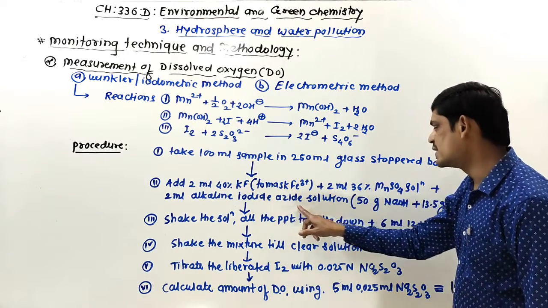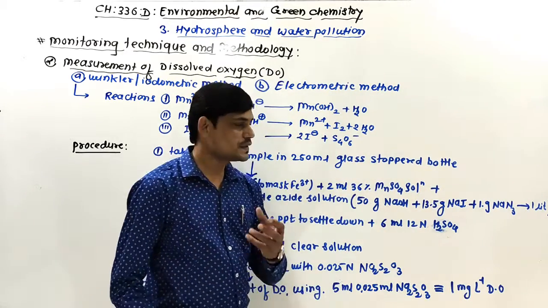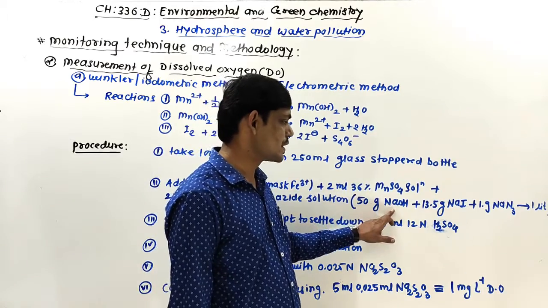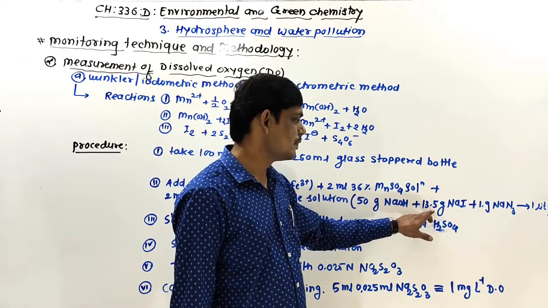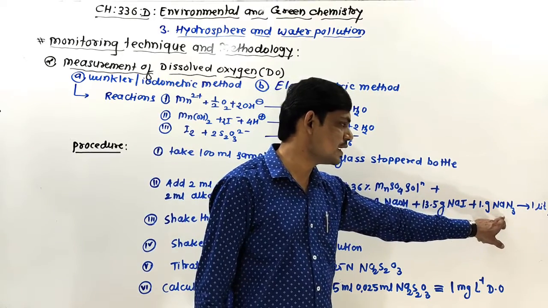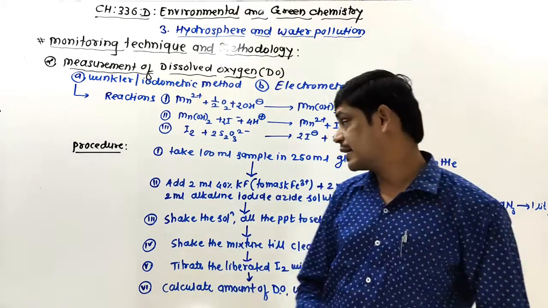This alkaline iodide azide solution is prepared by mixing 50 gram of sodium hydroxide, 13.5 gram of sodium iodide and 1 gram of sodium azide, and these components are diluted to 1 liter.